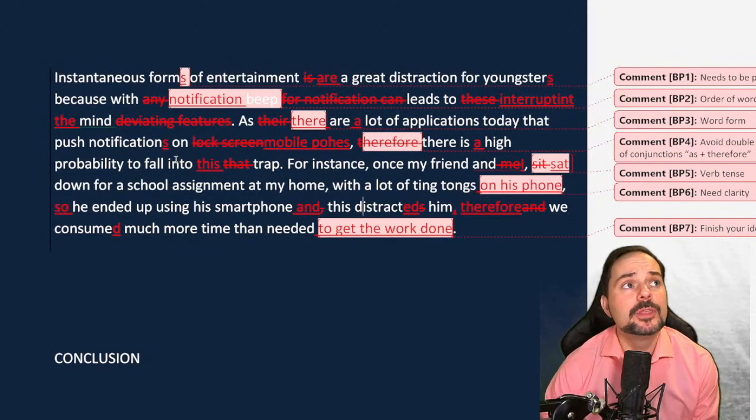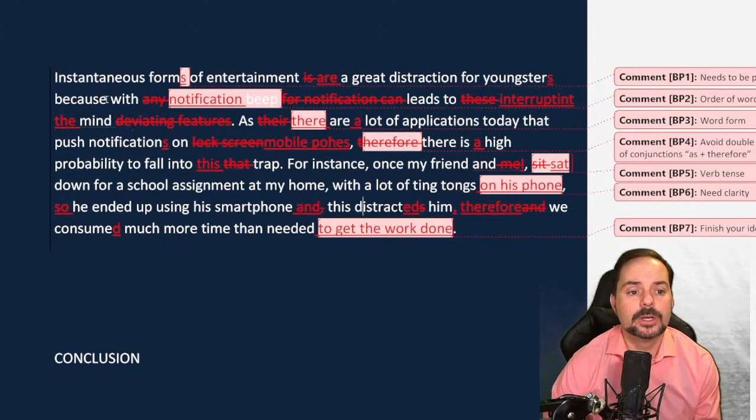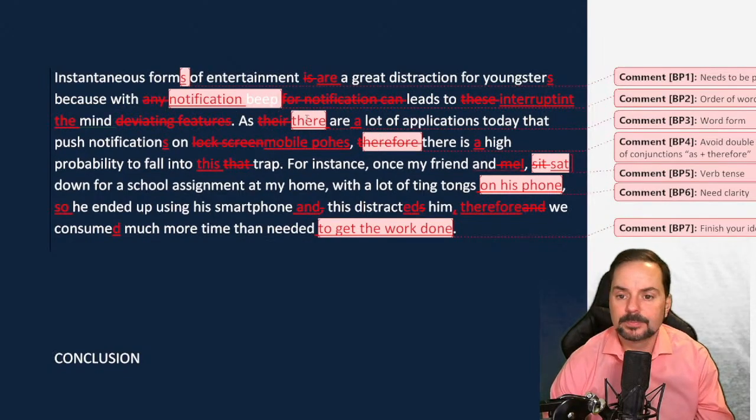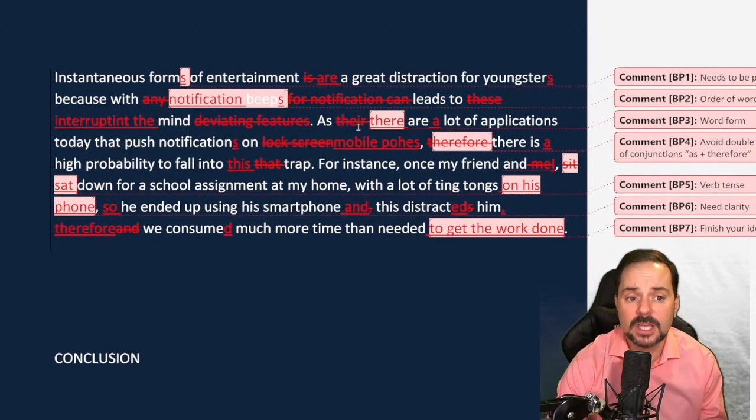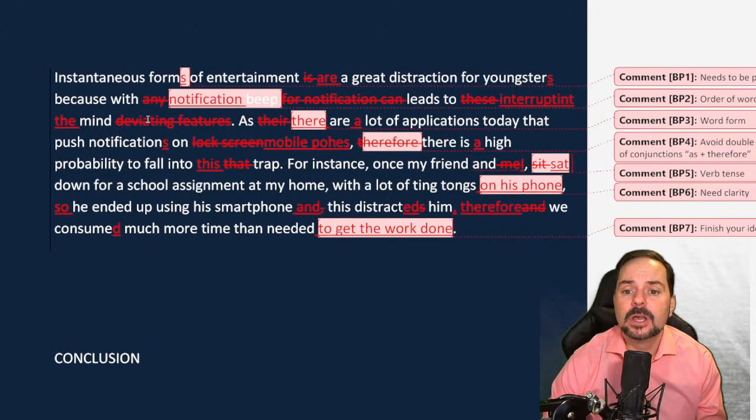Let me read it with the corrected version. Okay, Harwinders. So instantaneous forms of entertainment are a great distraction for youngsters because with notification beeps, lead to interruption of the mind.